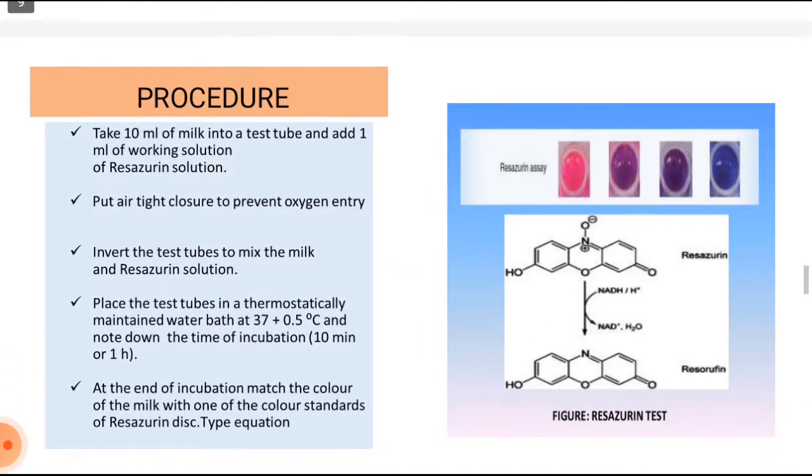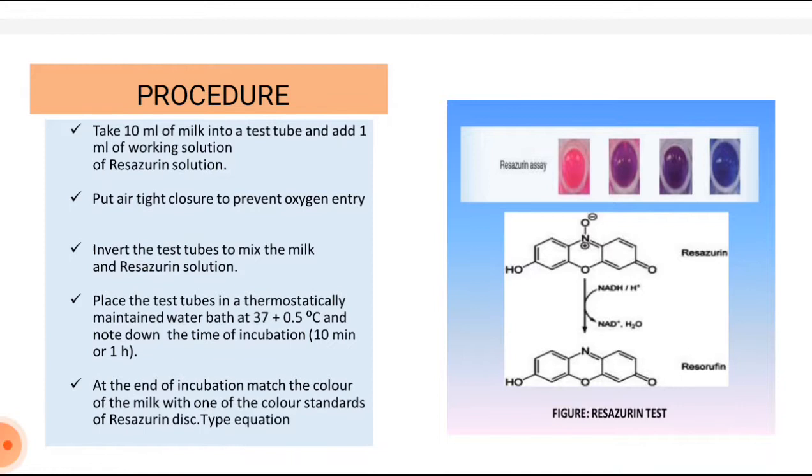Then the procedure of RRT. Take 10 ml of milk into a test tube and add 1 ml of working solution of resazurin solution. Then put an airtight closure to prevent oxygen from entering, and keep the test tube in inverted form for proper mixing of milk and resazurin solution.